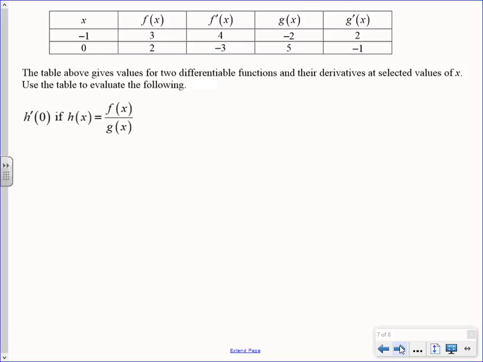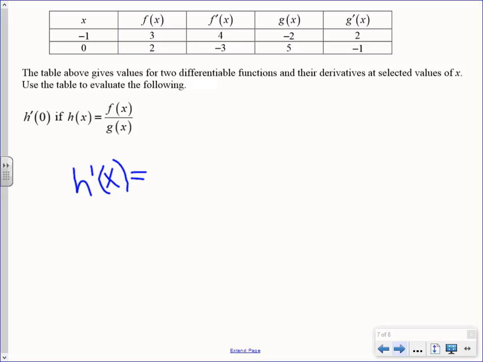What, Abram? Oh, okay. Before we can evaluate the derivative, what do we need? Before we can plug a number into the derivative, we need the derivative. Okay. If H is F divided by G, what do we need to use?